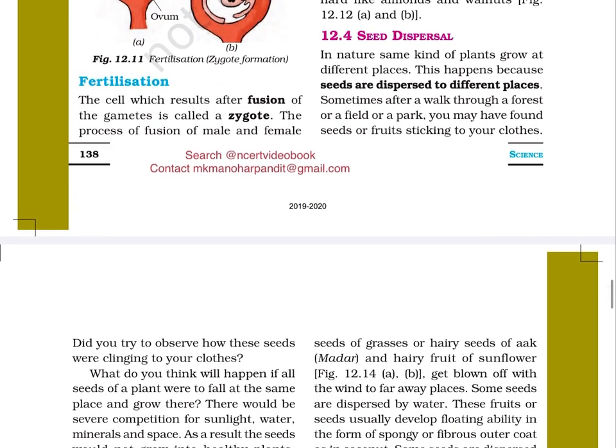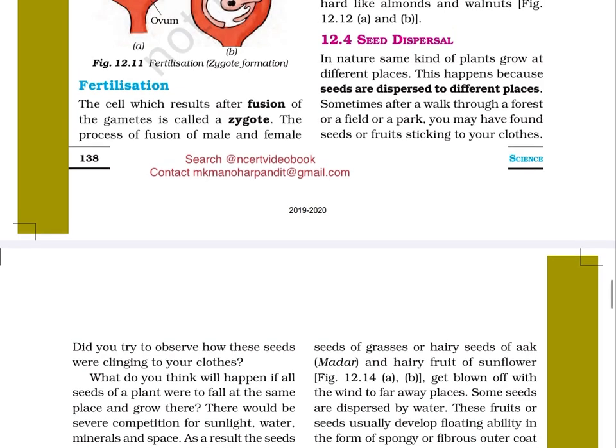In nature, the same kind of plants grow at different places. This happens because seeds are dispersed to different places. Sometimes, after a walk through a forest or a field or a park, you may have found seeds of fruits sticking to your clothes. Page 139.